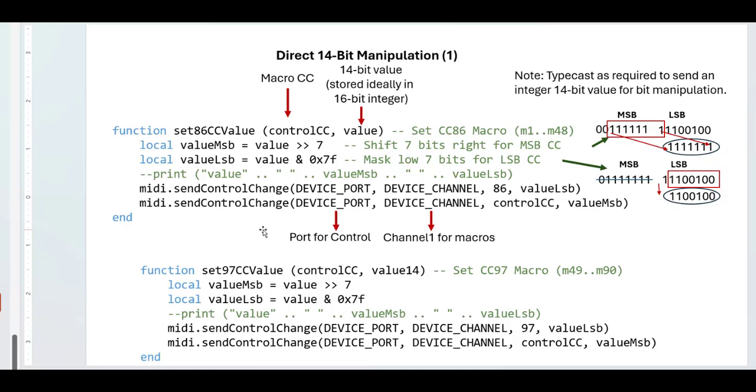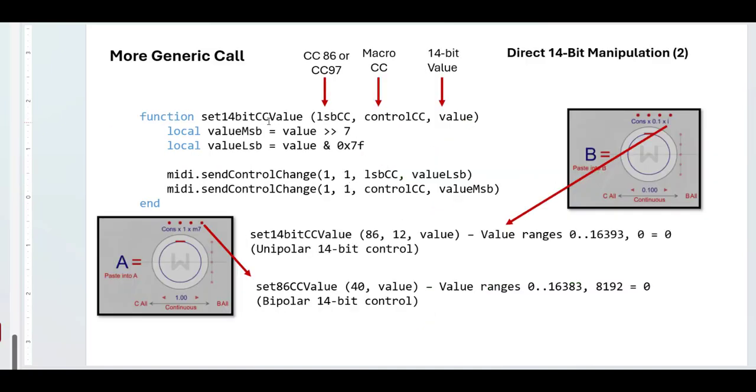To send the 14-bit value, you will first send your CC86 with whatever the LSB value is for that. And then you'll send your CC, whatever it is. Let's say it's CC40 if you used macro 7. So you'd send a 40 in there, and then you'd send whatever the value of your MSB part of your 14-bit value is.